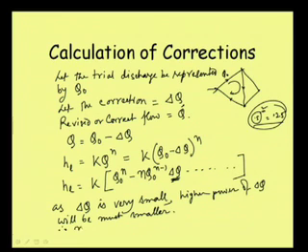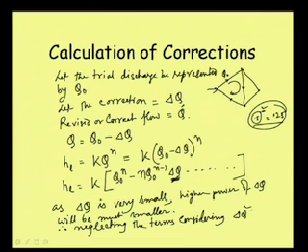Therefore, neglecting the terms containing delta Q square, delta Q cube, or whatever it may be, we are not writing those parts. The next term will contain delta Q square, then after that delta Q cube, like that, because the first is delta Q. So, we are neglecting all those terms which contain delta Q square, delta Q cube.